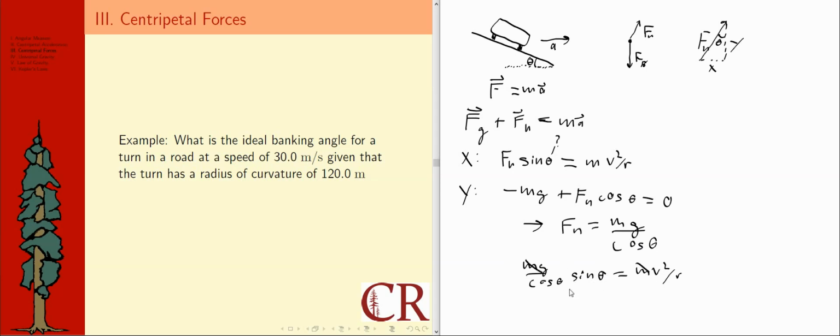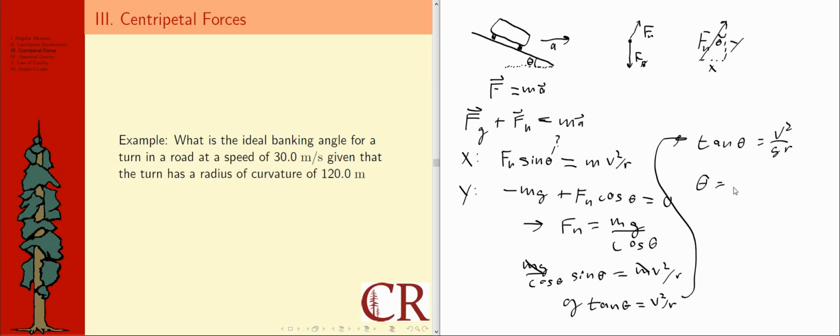Sine theta over cosine theta is just tangent theta, so g tangent theta is equal to v squared over r. That means tangent theta is equal to v squared over g times r, dividing both sides by g. And so theta will be equal to the tangent inverse of v squared over gr.